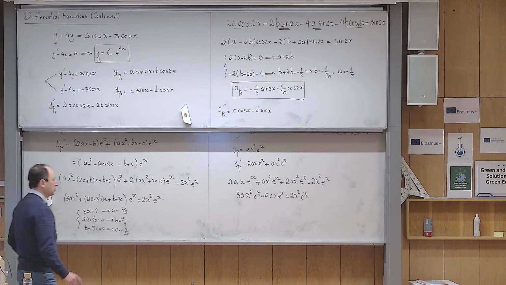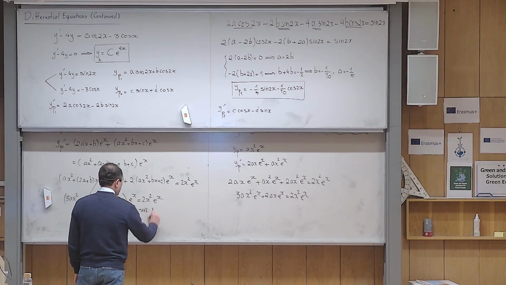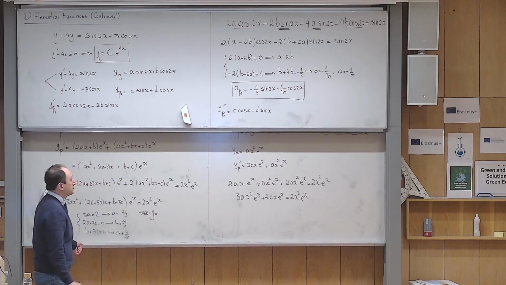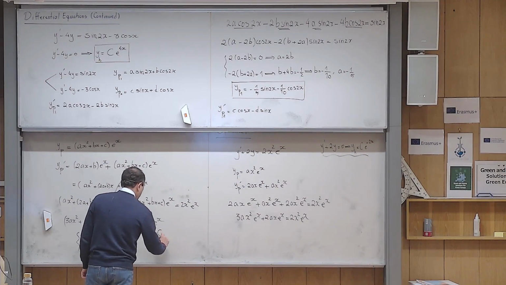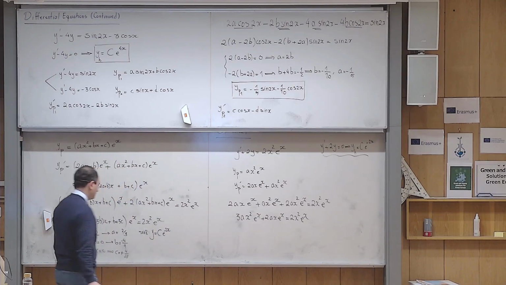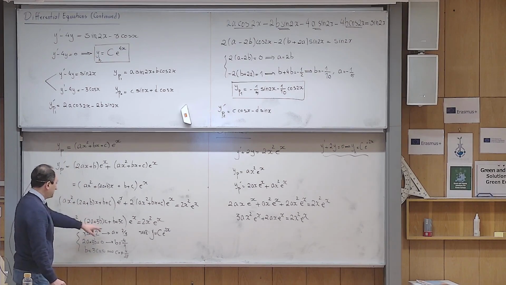Okay, finally, what is the final answer that you were supposed to provide? If everything is done properly, I need to find the y_h part, which is C e to the power of minus 2x, plus the particular one for these choices, of course.